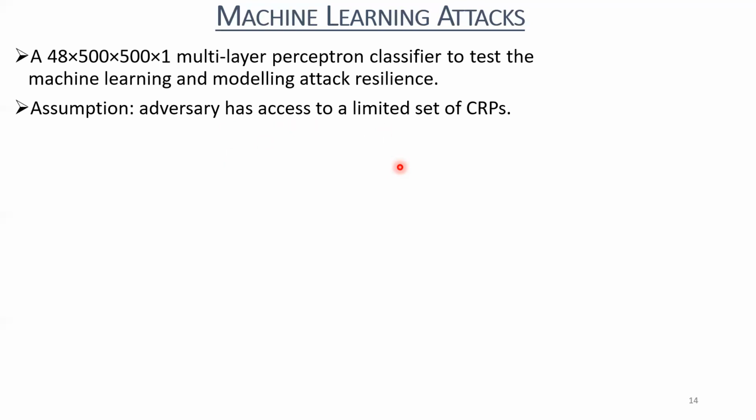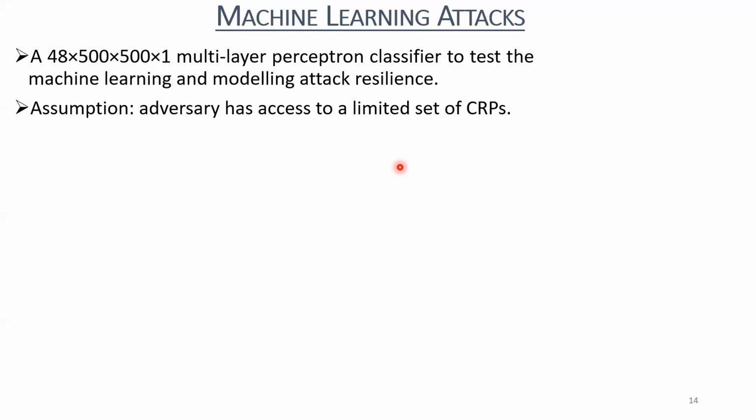So the overall number of CRPs you can generate using this 3D NAND PUF is in the range of 10 power 55. In limited time with limited resources, no one can extract these 10 power 55 challenge response pairs.